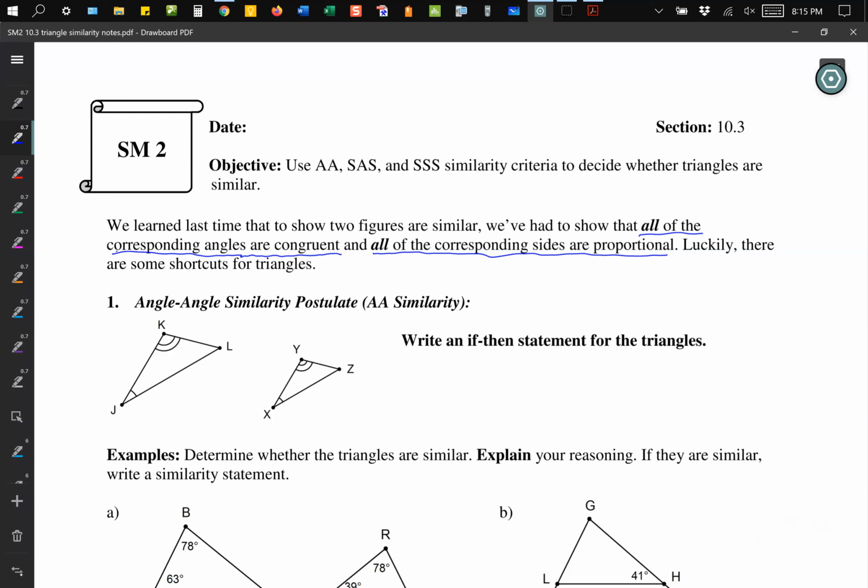The first test we're going to use is called the angle-angle similarity postulate. So a really good way to know that you're dealing with angle-angle is you won't have information about how long any of the sides are. The only thing you'll have information about are the angles.